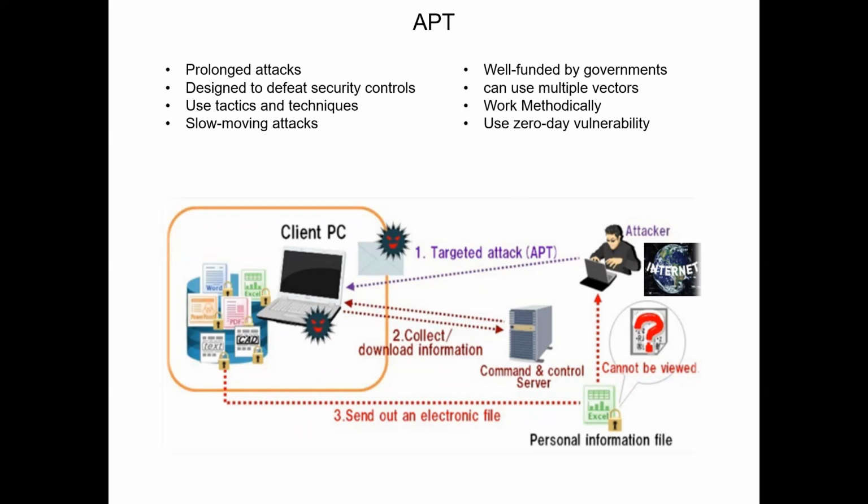The APT is a prolonged attack. They are designed to defeat security controls. They are using tactics and techniques. They are slow-moving attacks. They are fully or well funded by governments. They can use multiple vectors and work methodically. They have the capability to use zero-day vulnerabilities, which give them the ability to target any vulnerable system over the world.